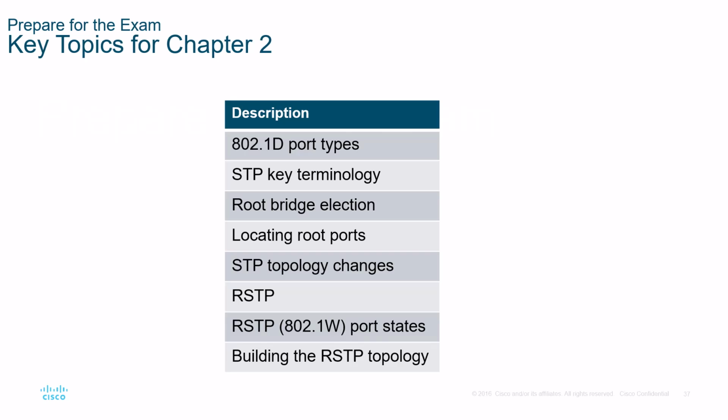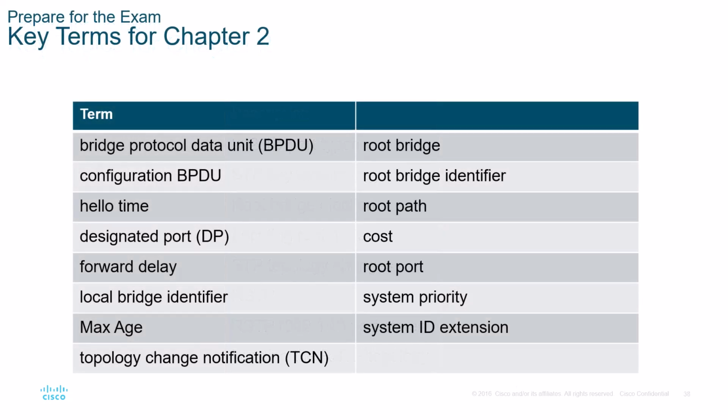Alright, so that's the end of this chapter. We've looked at our different types of ports, STP, and all of the main key topics. Key terms are going to be things like BPDU, configuration BPDU, hello timers, the port types, designated port, root port, blocking port, the bridge identifiers, both local and root bridge identifiers, the topology change notification BPDU, the TCN BPDU, and so forth.